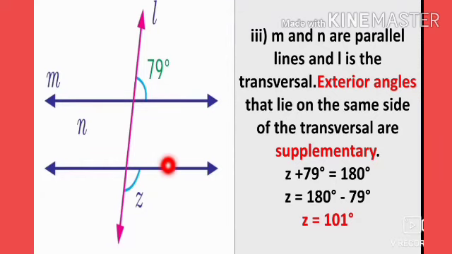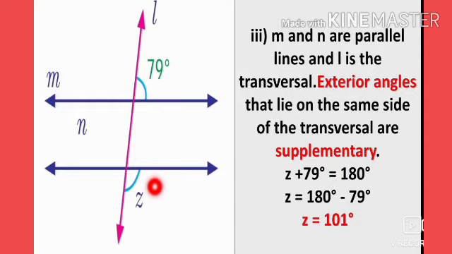So, students, in this figure, M and N are two parallel lines and L is the transversal. And here, 79 degrees and Z degrees. These two angles lie outside of the parallel lines, in the exterior region.